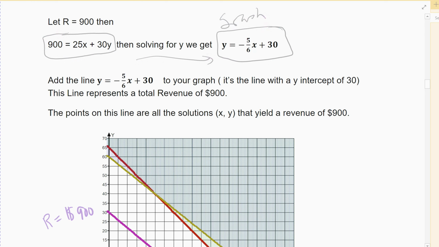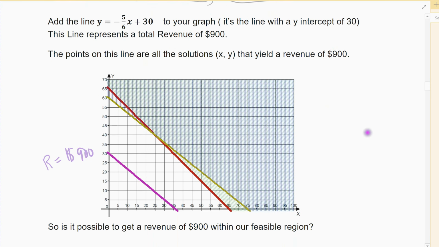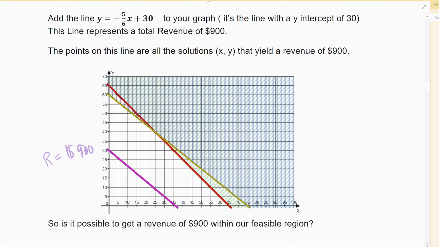All right, so add the line to my previous graph. And again, it's only in the first quadrant because that's all we want. And so when I go to graph this, it's in your notes. This is the graph. So that purple line represents, any point on that purple line represents a revenue of $900. So I pick any point off that line.